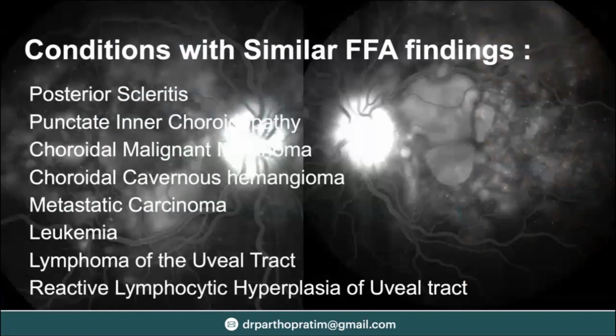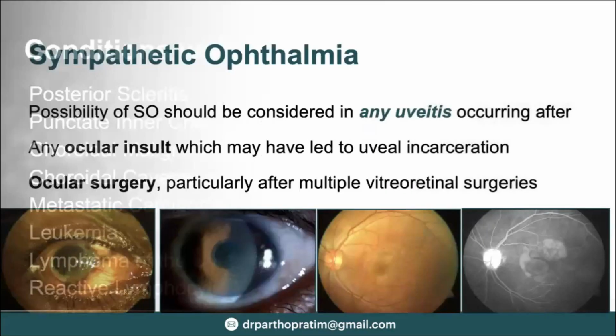Conditions with similar FFA findings include posterior scleritis, punctate inner choroidopathy, and choroidal malignant melanoma. So sometimes we think that if it shows posterior pinhead leaks and placoid pooling, then it is a case of VKH, but there are multiple conditions where a similar clinical picture can be seen.